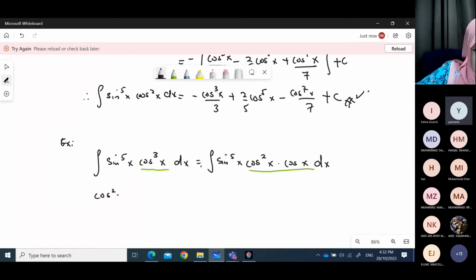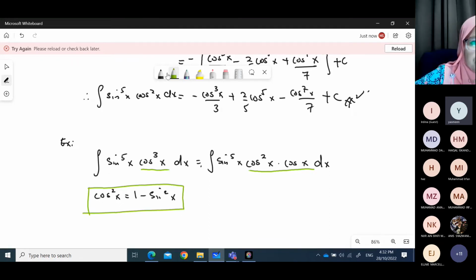So which is cosine square x equals to 1 minus sine square x. Okay, so this is our identity that will be used in this integration. Then here we have integral sine to the power of 5x, so cosine squared is 1 minus sine square x, so times cosine x dx.